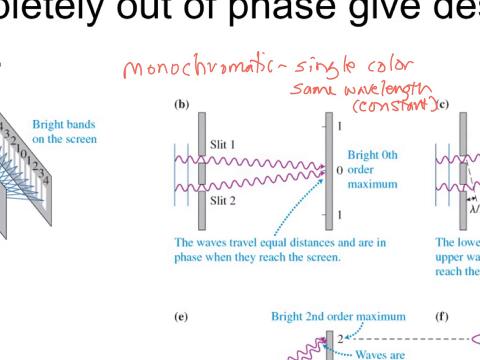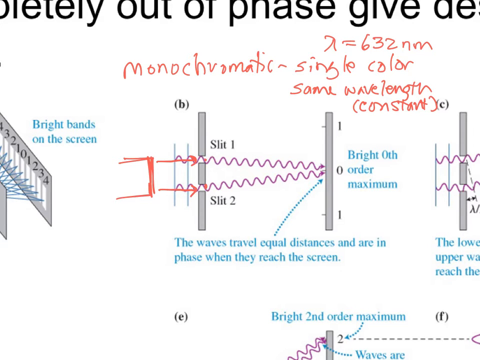In our classroom, we actually have a red helium neon laser that has a wavelength of 632 nanometers. That little n is the nano. So when the red laser is incident upon the slits, these two sources each have exactly the same wavelength, 632 nanometers, because they come from a monochromatic laser.